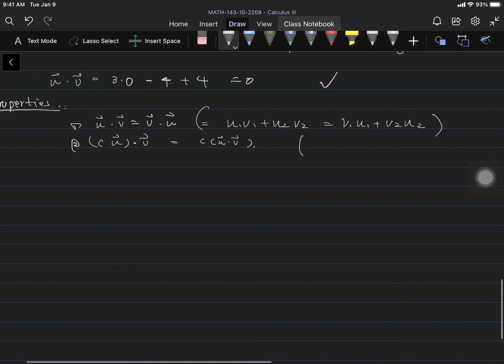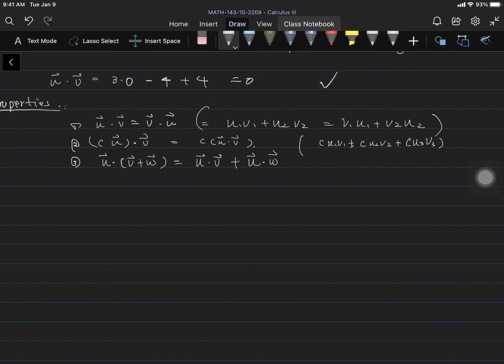No matter which one, the final answer will be c u1 v1 plus c u2 v2 plus c u3 v3, and then you can just factor c out and prove this. Number 3: u dot (v plus w) equals u dot v plus u dot w.